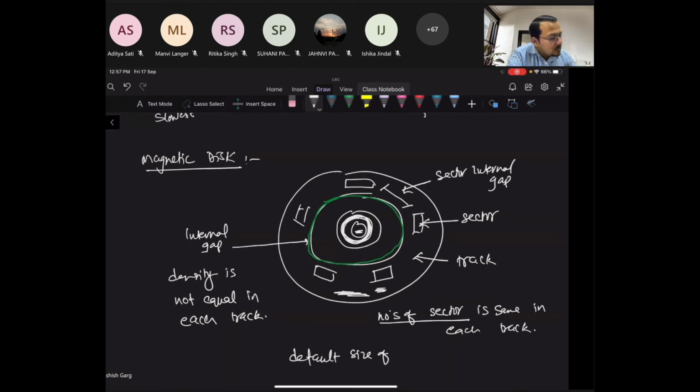The default size of a sector is 512 bytes. Okay, this is the default size of a sector. Now if you have this disk and you are seeing it from the top, this is the structure.